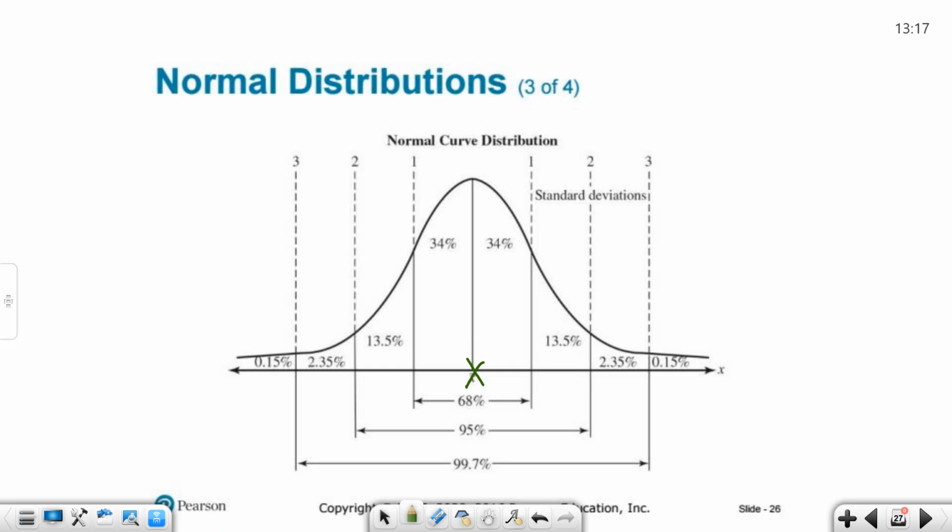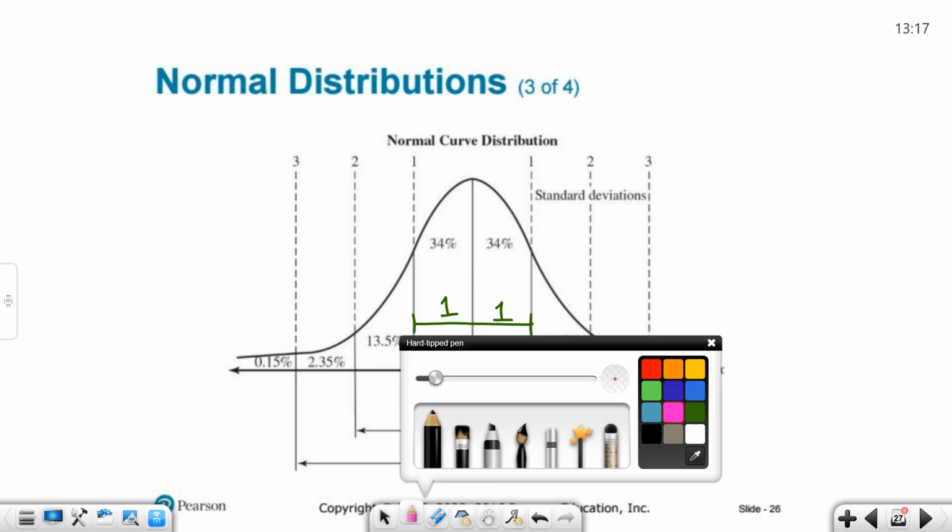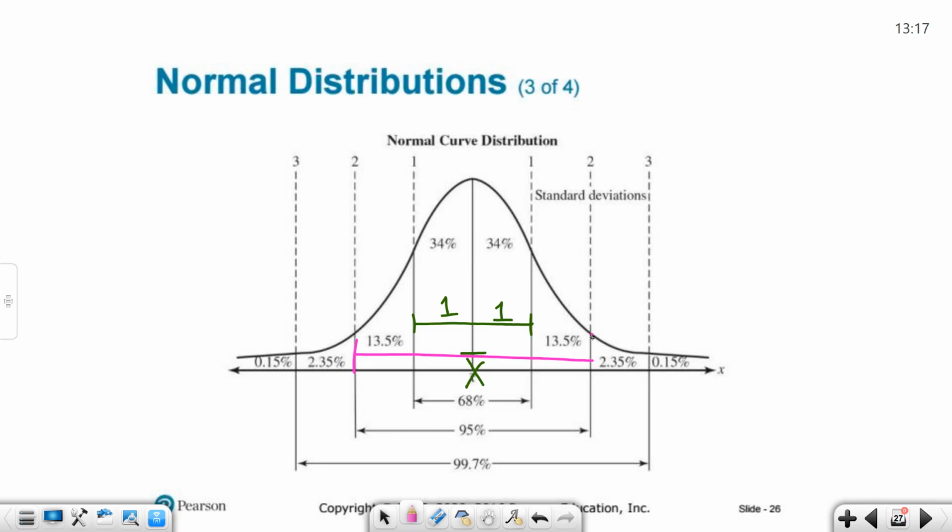This is your mean right here, not your median, but your mean, and you're calculating standard deviations. From here to here is one standard deviation in both directions, and from here to here is 2 standard deviations in both directions. And from here to here is 3. We're going to work some problems with that one. I'm going to erase it because we're going to come back to it.